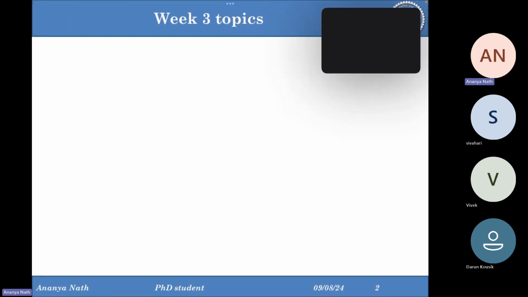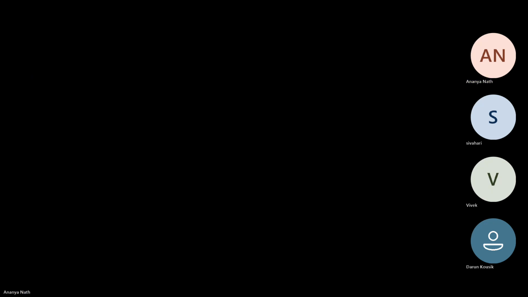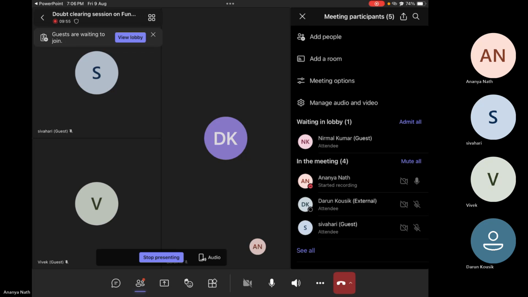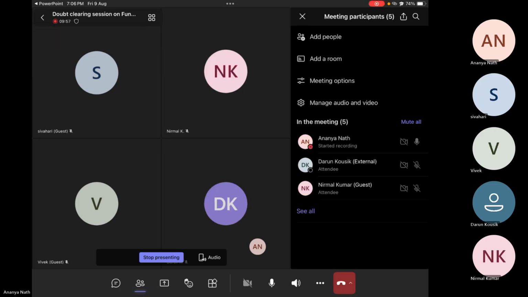So first, starting from the last week's topics, we covered the slicing part. How the slicing goes, and what all ways we can do the slicing.